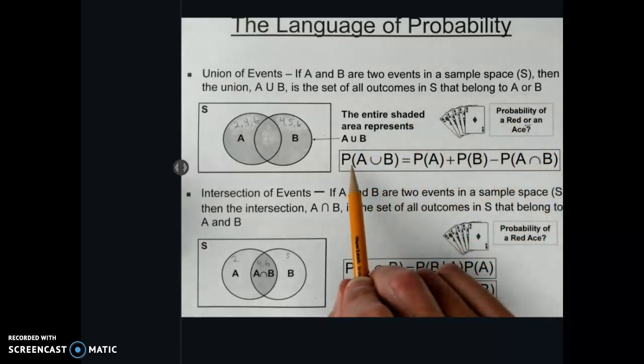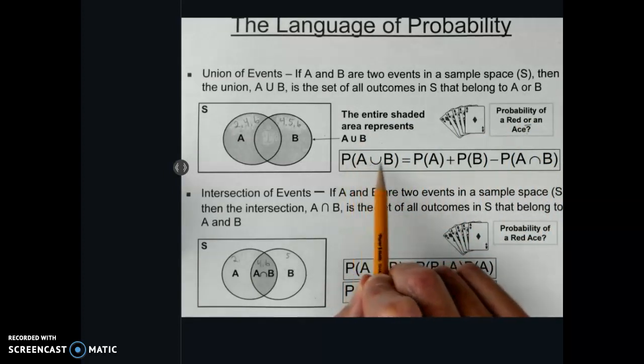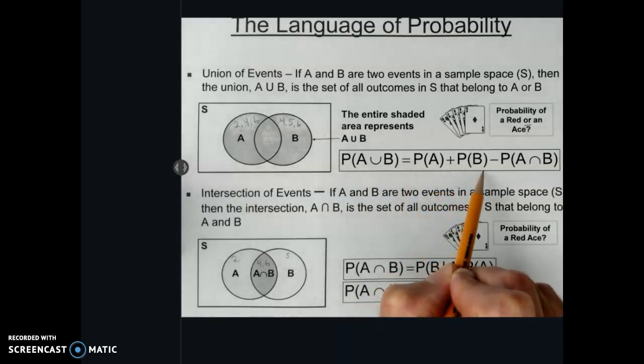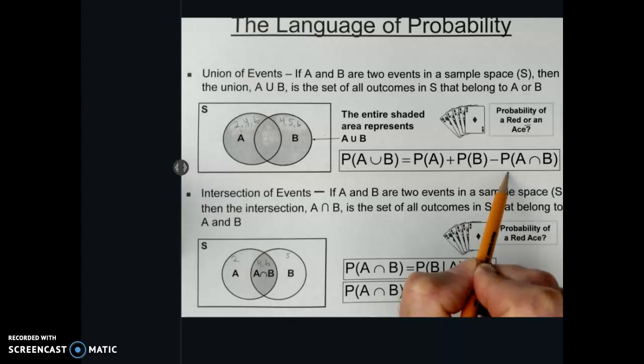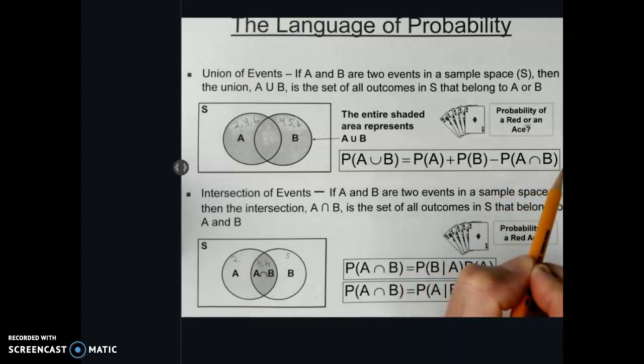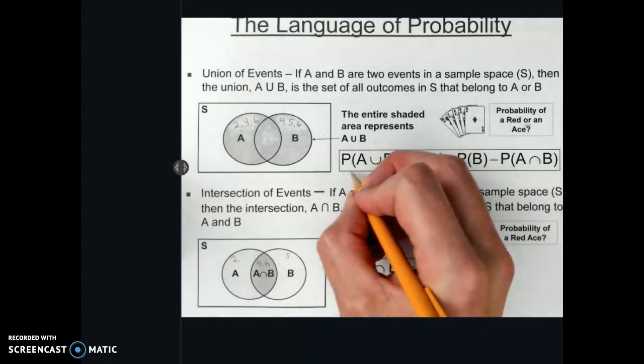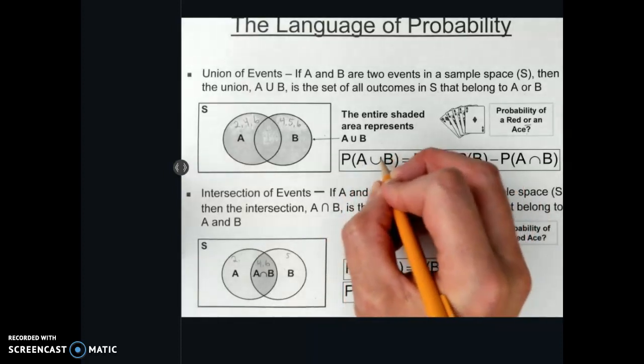To do this, we use the formula. The probability of A union B is equal to the probability of A plus the probability of B minus the probability of A intersecting B. Let's put some numbers on these. Well, I would rather write this out as R and A.